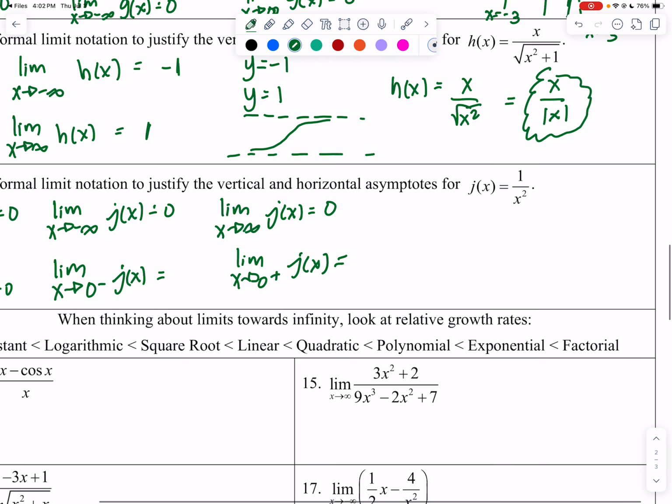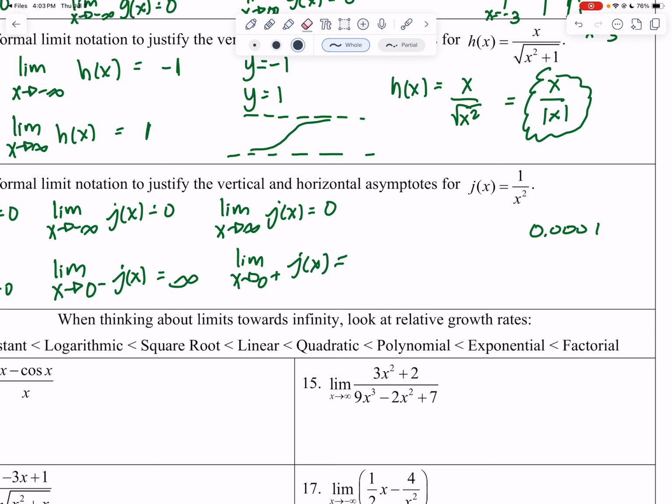If I were to plug in, let's say, negative 0.0001, I'm going to have 1 over negative 0.0001 squared, which means I'm going to have 1 over a very small positive number, which means that this is going to be positive infinity. If I were to do the same thing with 0.0001, I'm going to have 1 over a very small positive number, which means that this is going to be positive infinity there.